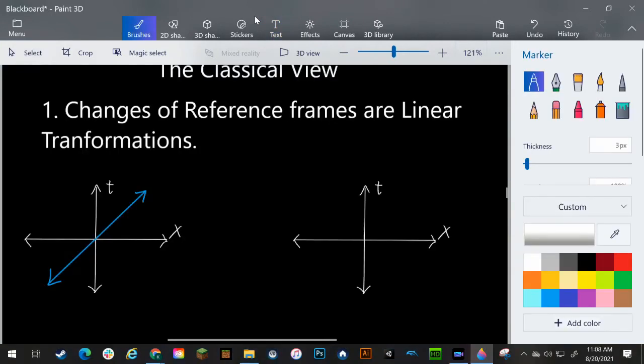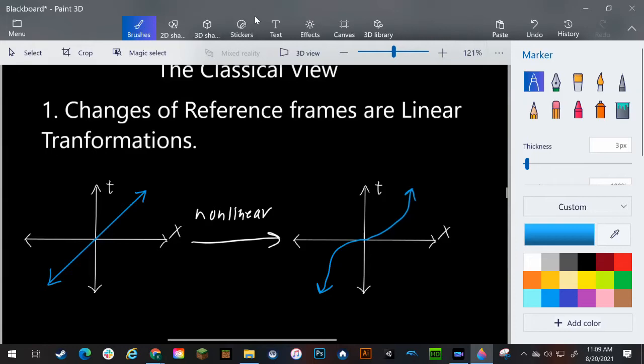This is important because if we have a straight line in one inertial reference frame, an object which moves with a constant velocity, and then we have some kind of nonlinear transformation to another inertial reference frame, and that same world line is now curved, we see that at different points on this line we have different velocities, which means the velocity is changing.